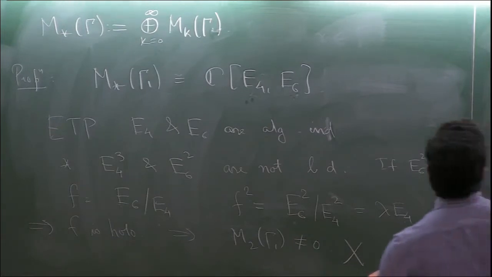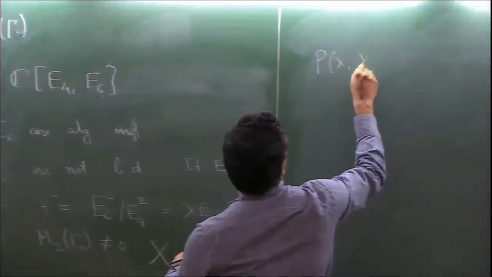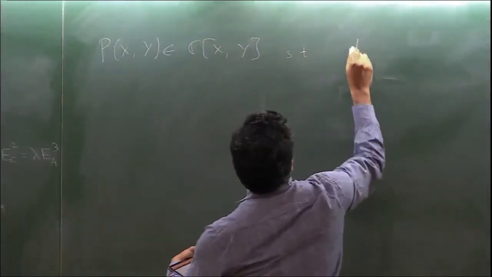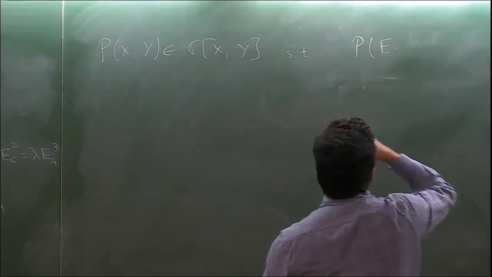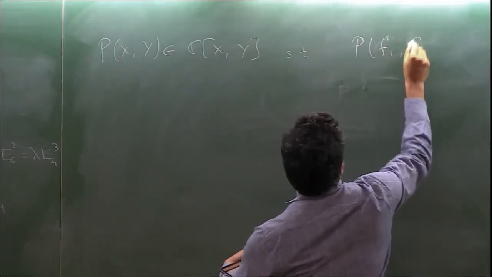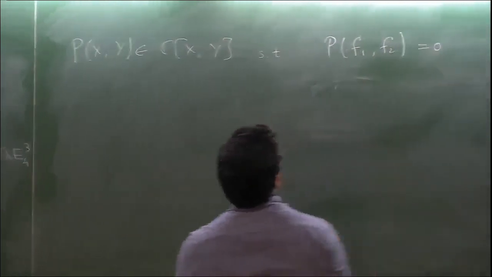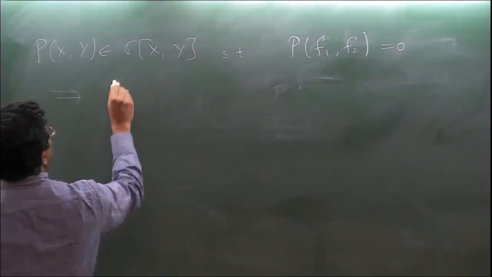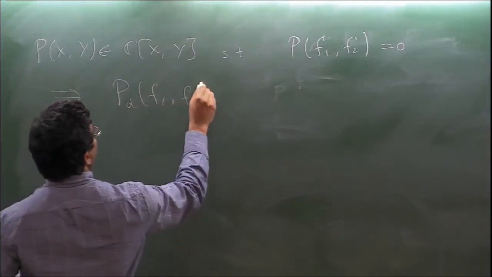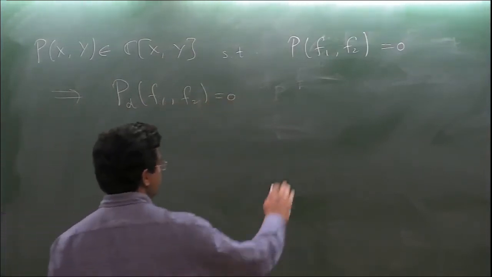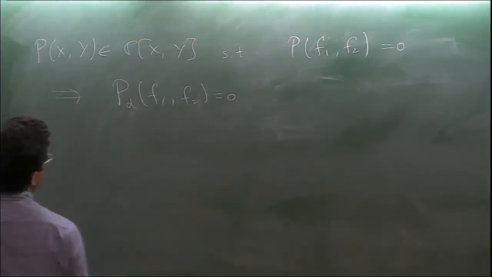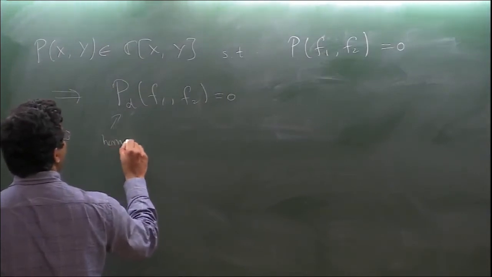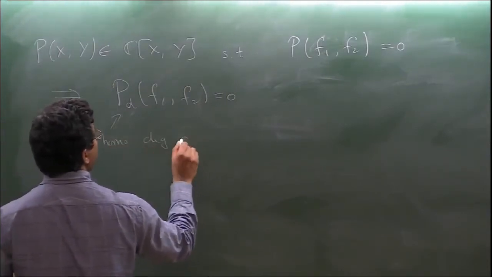And then let's say that P(x,y) is a polynomial such that P(F1,F2) is 0. In fact this works for any two non-zero modular forms which are not proportional. Then this implies that the homogeneous degree d part of P vanishes on them.